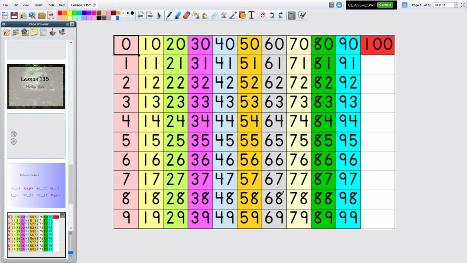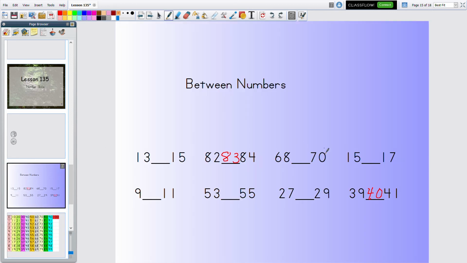We're not at the bottom, so we can still go down some more. 68, 69. Very good. So let's go back to our slide, and we'll put in 69. Okay, you can practice on the rest of those if you like, but we're going to go down to the paper that we're going to do today.